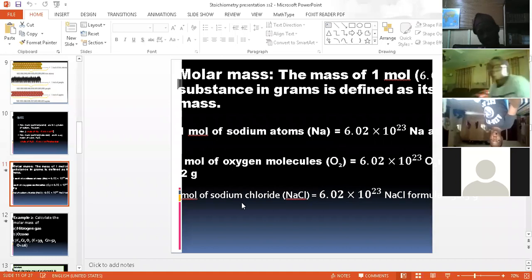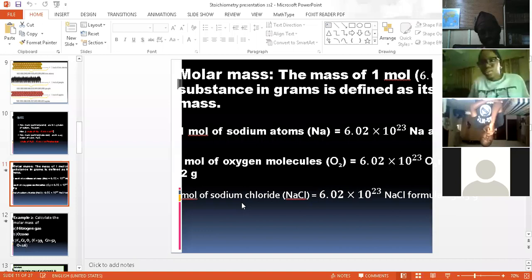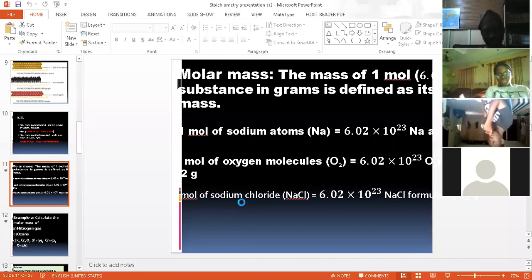The same thing applies to 1 mole of sodium chloride. What is the molar mass of sodium chloride? It's simply the mass of 1 mole of sodium chloride, which will be equal to the sum of the atomic masses of sodium and chlorine, the relative molecular mass expressed in grams.